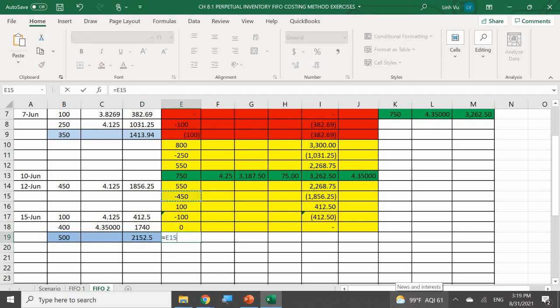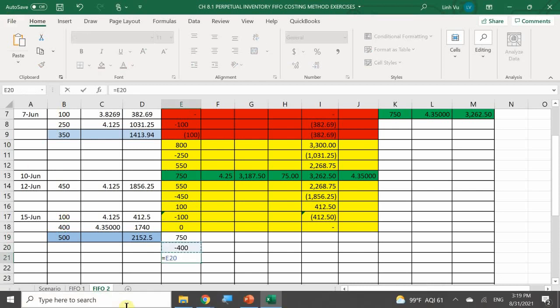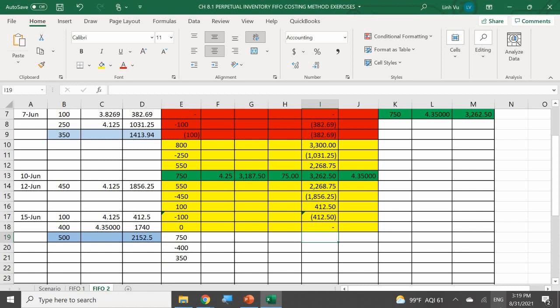So now we're going to carry our green batch down. We're going to eliminate 400 from that. So what should I have remaining? 350. Okay.